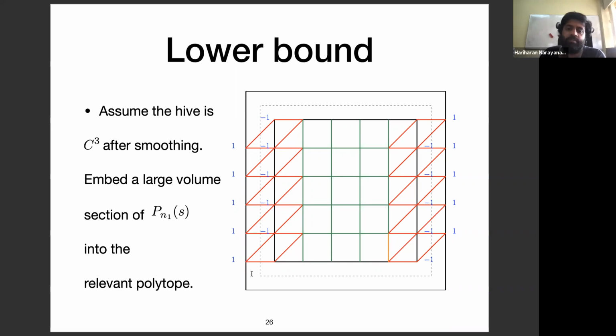So why is C3 helpful? I just did something that works only for quadratic boundary conditions. But if you have C3 or even C2 with uniform continuity of the Hessian, then you know that for all these points the Hessian is essentially the same.